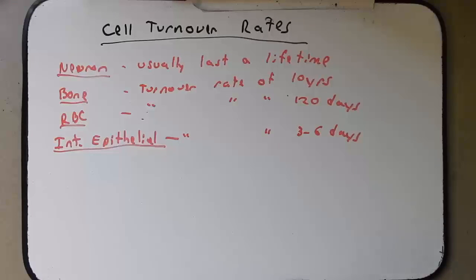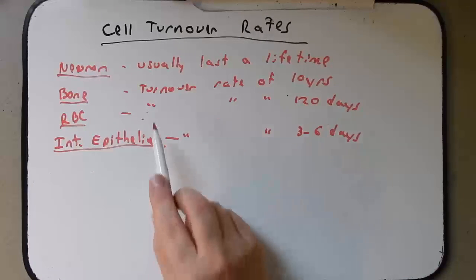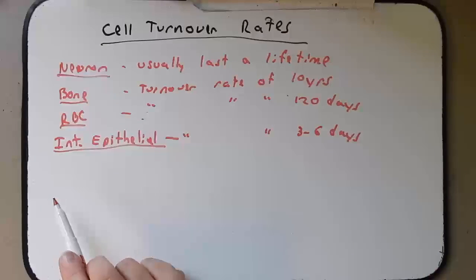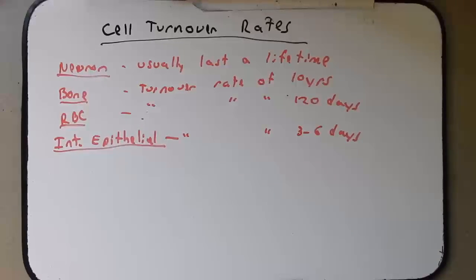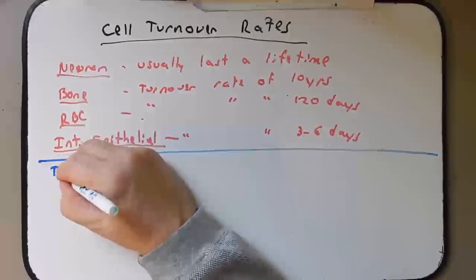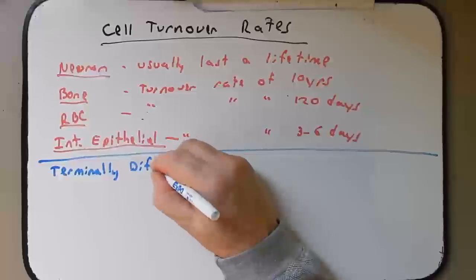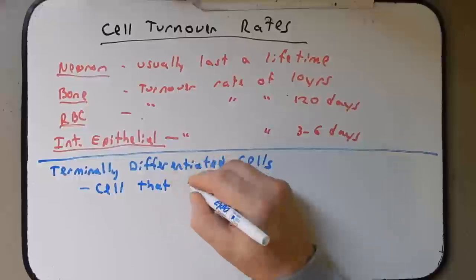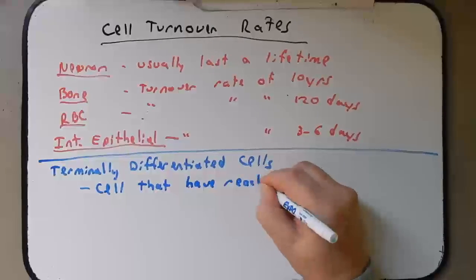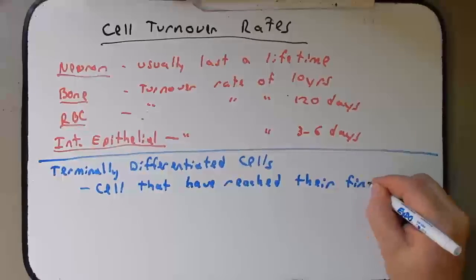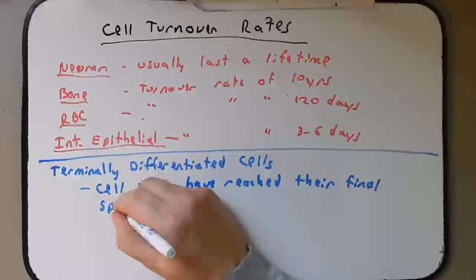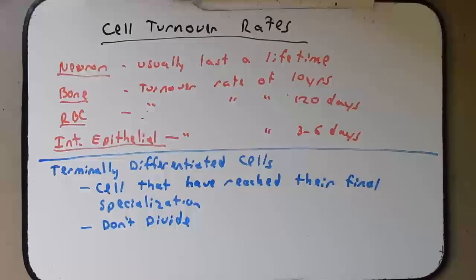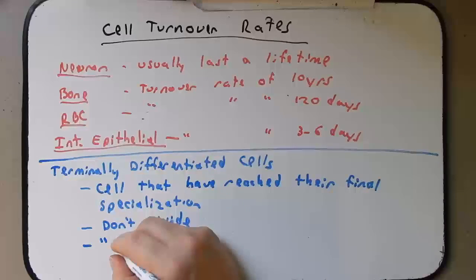So let's spend a little bit of time talking about, once these cells die and are lost, how are they replenished? And to begin that discussion, let's define terminally differentiated cells. These are cells that have reached their final specialization. They typically don't divide to make new ones. Your book uses this phrase which I like.